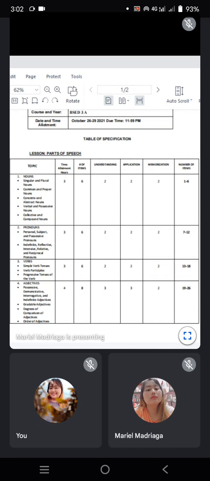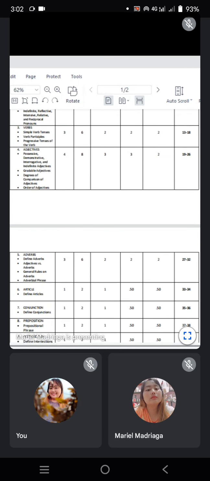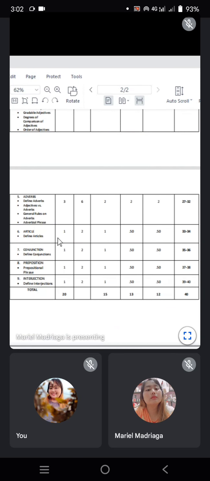Same goes to the other topics below. So I have included here 3 hours, 4 hours, 3 hours for adverbs, and 1 hour for article, 1 for conjunction, 1 for preposition, and 1 for interjection.